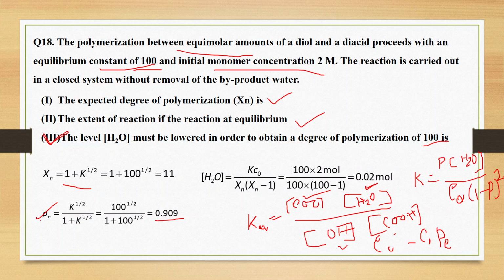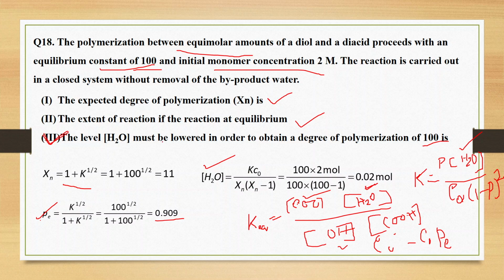So this equation will come for the open system. Now you have to calculate this H2O, and you also know that Xn equals 1 divided by 1 minus P. You just have to replace this, which will ultimately result in the equation H2O equals K C0 divided by Xn into (Xn minus 1).